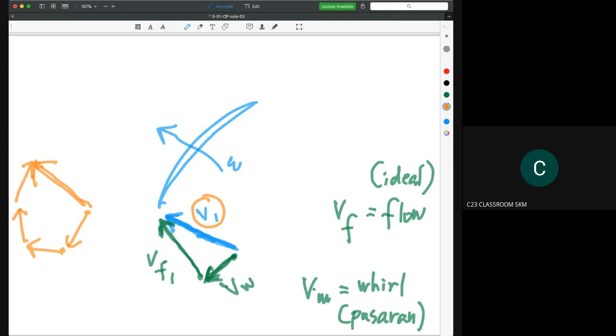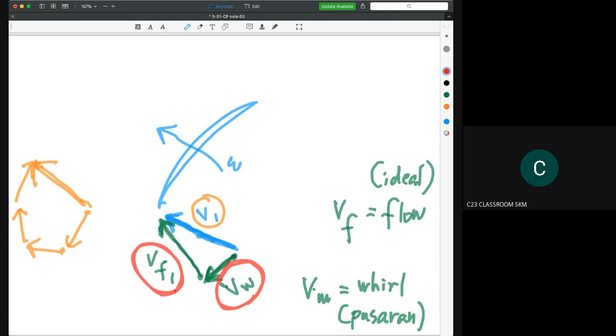So in this situation, we only have two components, one of which is the turbulence. We don't call it the velocity turbulent here. We call it the V whirl. It is pusaran. And then the other one is VF1, meaning the velocity of the ideal flow, or we simplify it as the velocity of flow, the velocity that shows us the ideal condition of the flow.